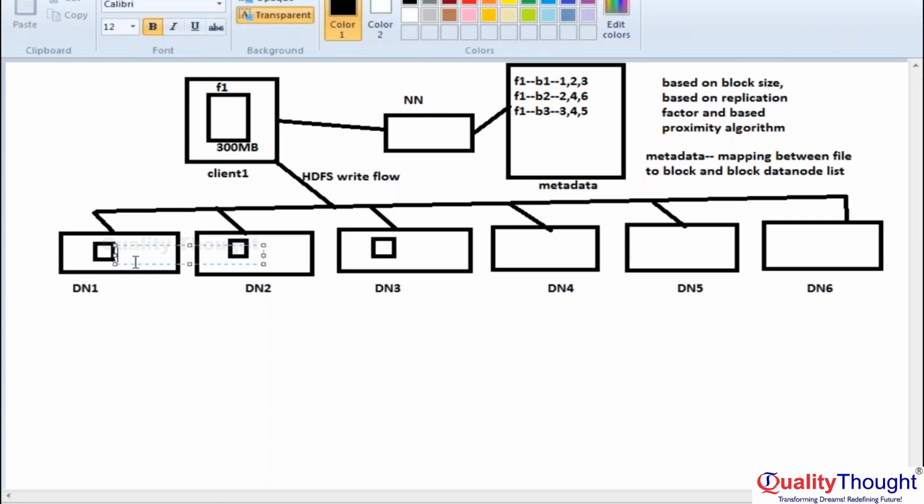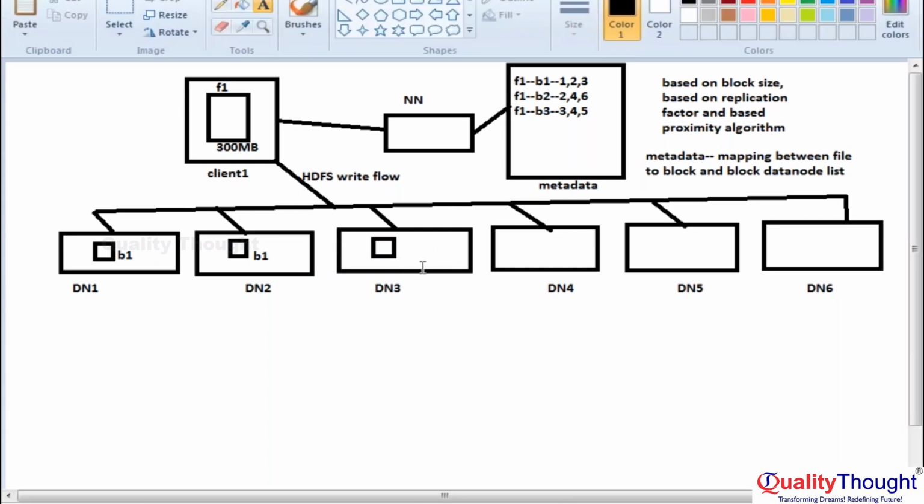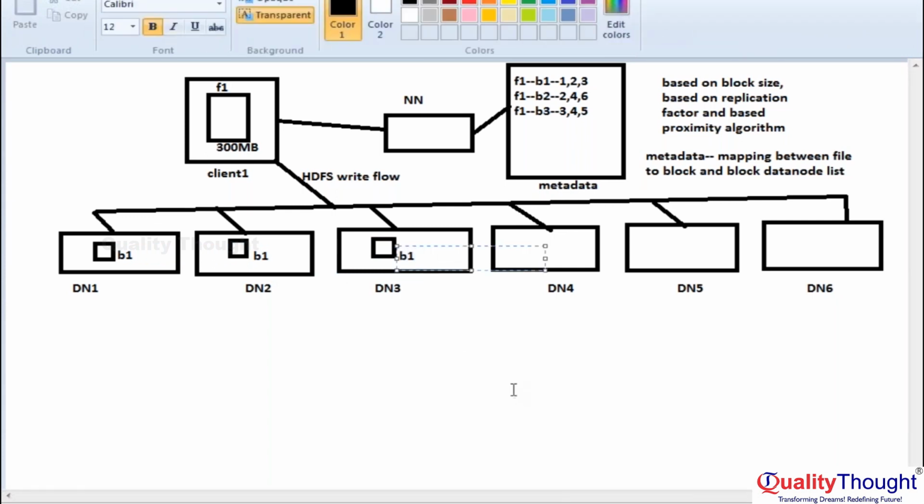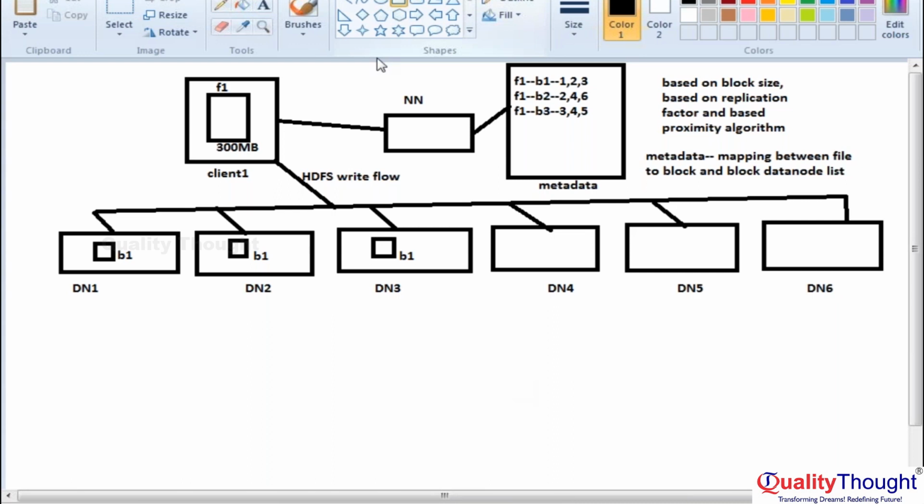So block 1, and block 1. Next, block 2 placed in data nodes 2, 4 and 6. So this is an assumption.